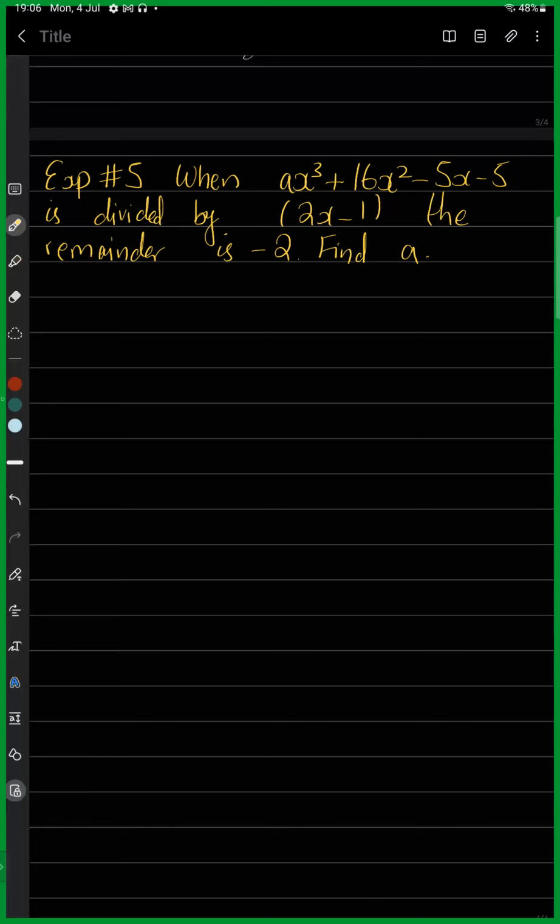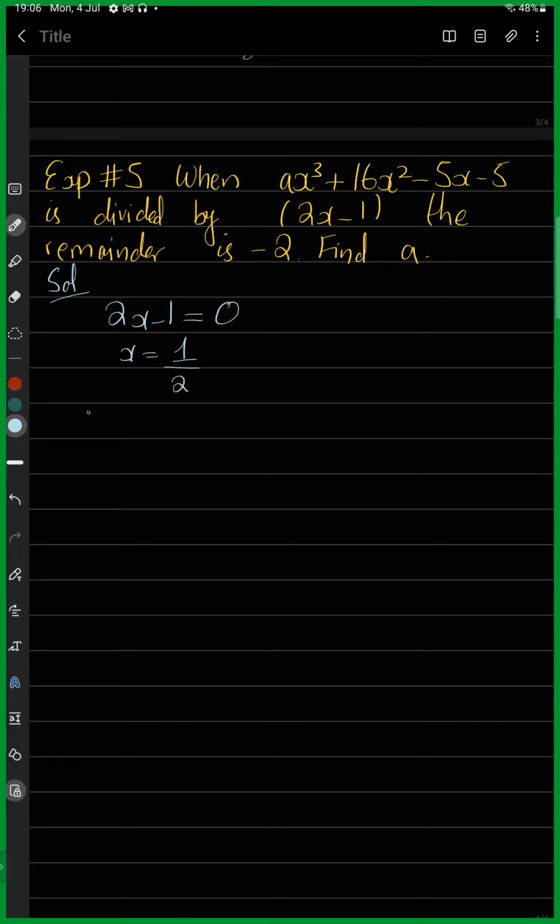This time around, yes, we would be using the remainder theorem, but not to find the remainder. Remainder is already known. We need to find the value of a, okay? So let's talk about the solution. 2x minus 1 is the divisor. I know in order to solve these questions, I need to equate the divisor to 0. And this would give me x equals 1 by 2. Now 1 by 2 is basically the value of x that I will be plugging in the polynomial.